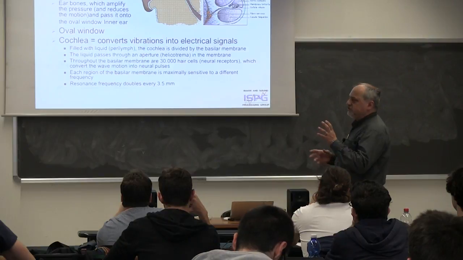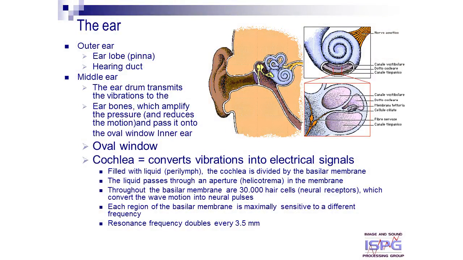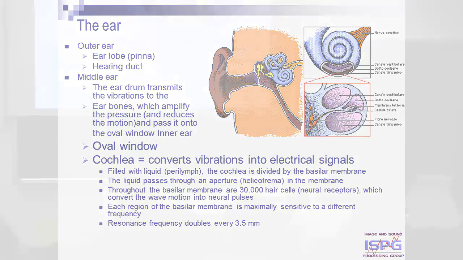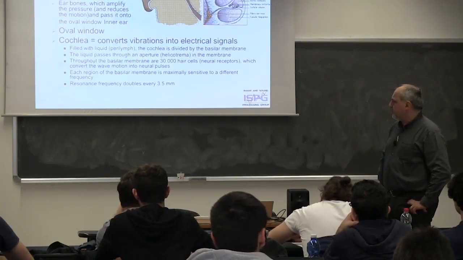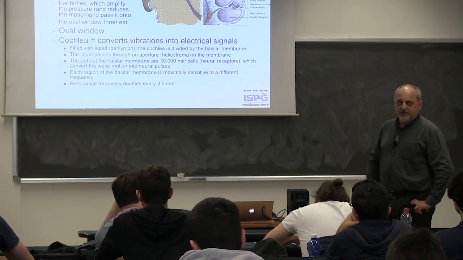And finally, we'll go into the more electrical part of the system. We go from acoustic to mechanical to electrical design of our hearing system. The reason why I want to go in depth that much is because the critical part of our discussion is really inside the inner ear.